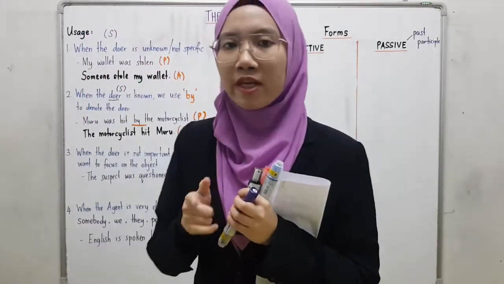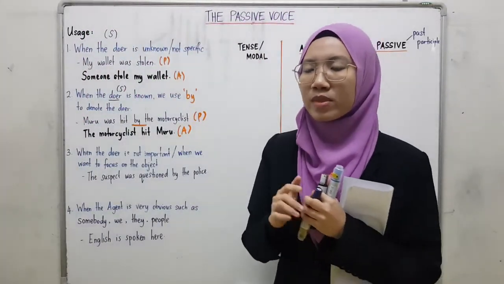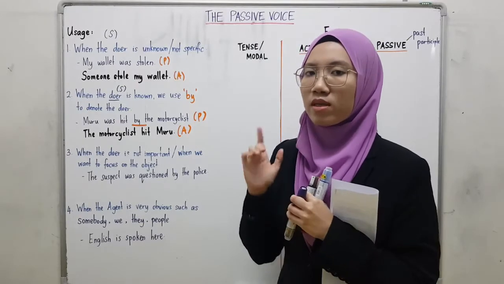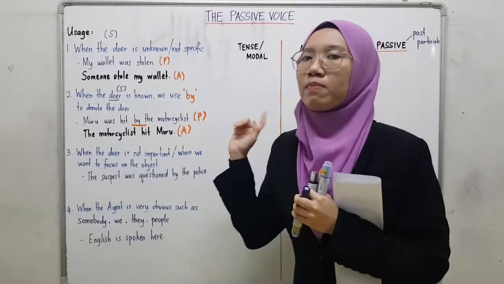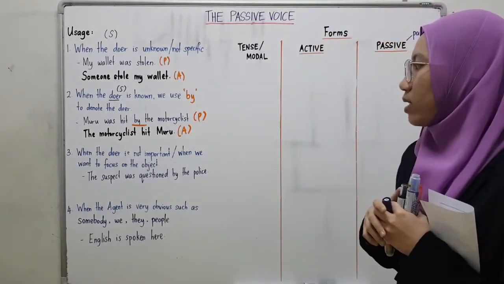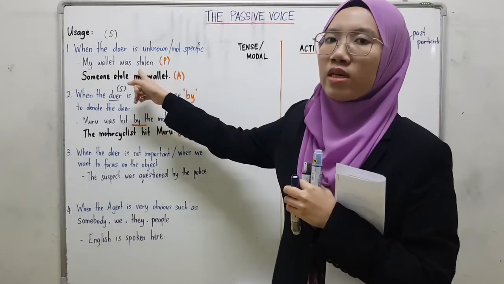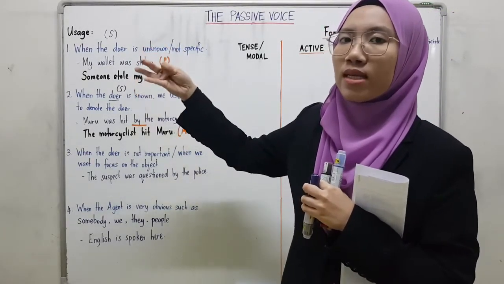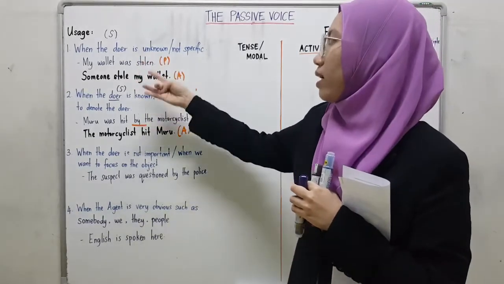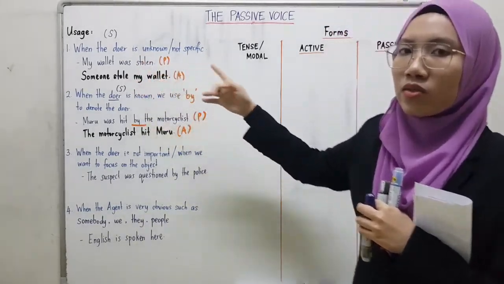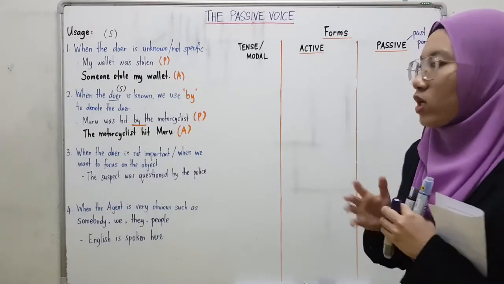Verb 1 is the base form, verb 2 is the simple past form, and verb 3 is the past participle. Okay, for example macam tadi, stolen is verb 3. Asal dari perkataan verb 1, steal, verb 2 stole, and verb 3 stolen. So these are irregular verbs, you have to remember.